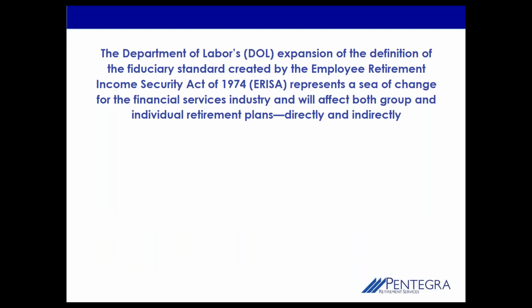Recently, I shouldn't say recently, over a year ago, the Department of Labor issued some new rules regarding fiduciary requirements and fiduciary standards. Those new rules were supposed to, originally, come into play effective April 10th of this year. There's been a delay.